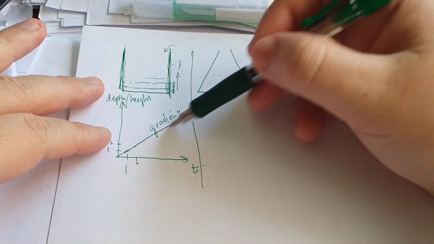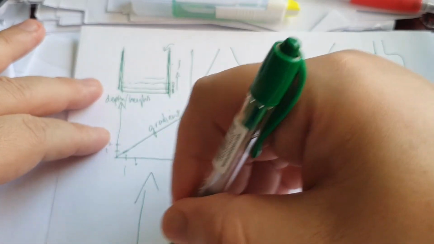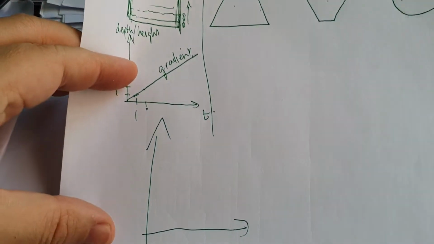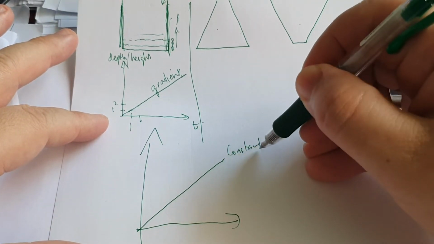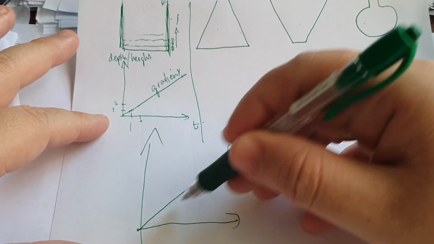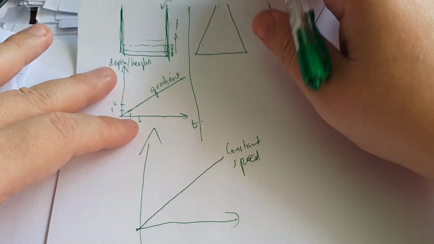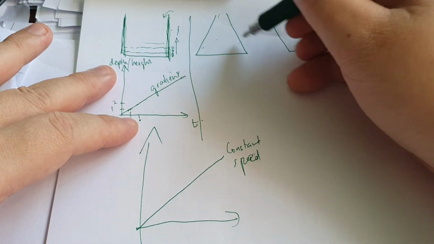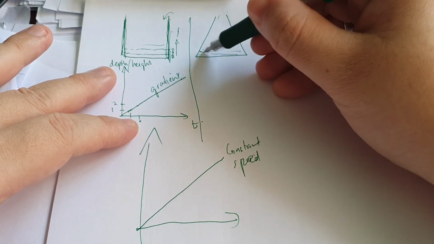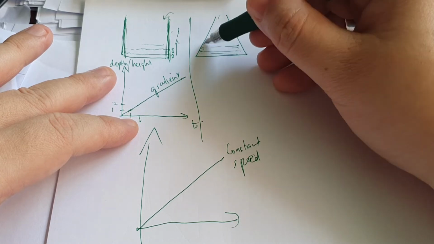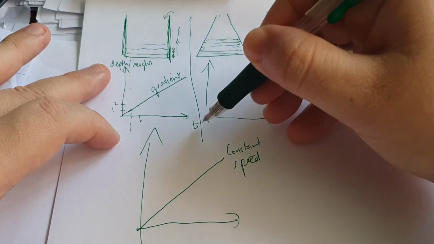So the gradient actually represents the speed at which it's going, and a simple way to think of it is this: when it's constant speed, it is a straight line. But when you have a container where the walls are not vertical, in this shape, don't you agree that when you fill in water, the space that you need to fill, as time increases, you read the graph like that?